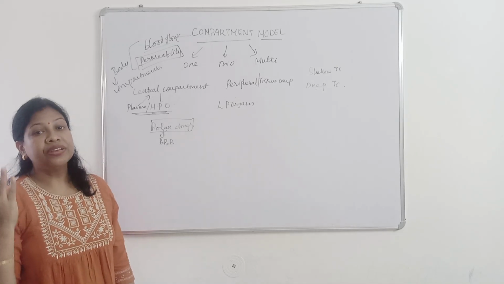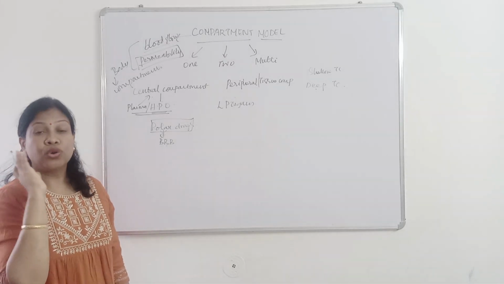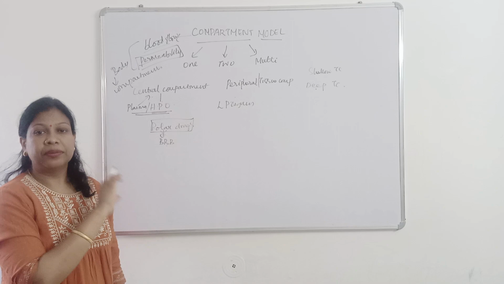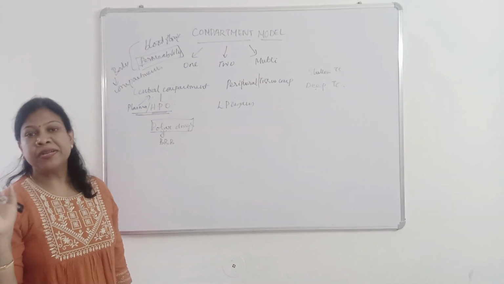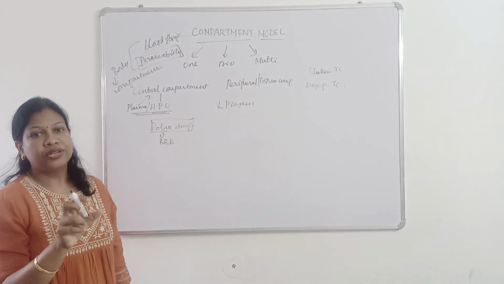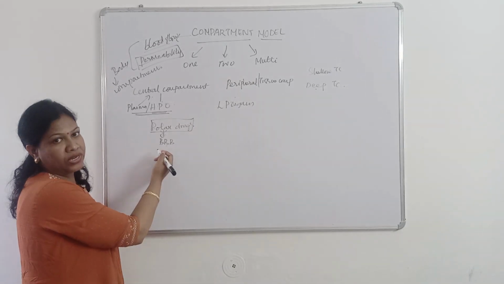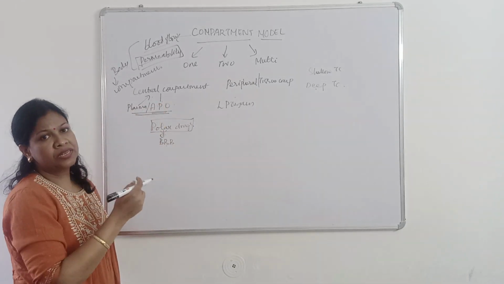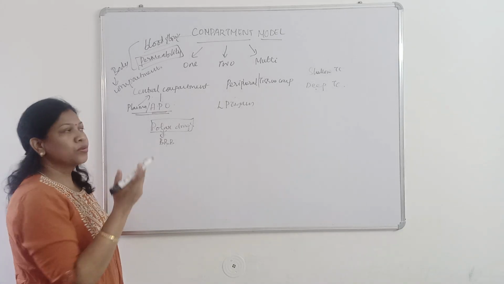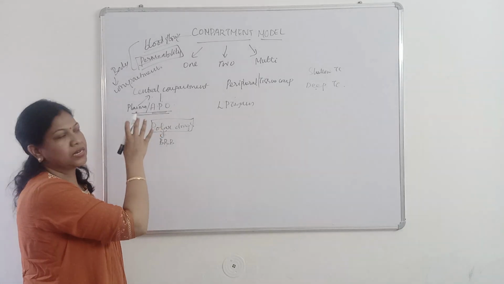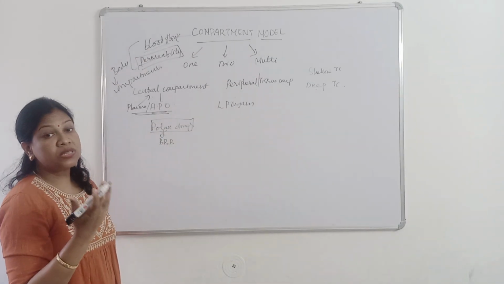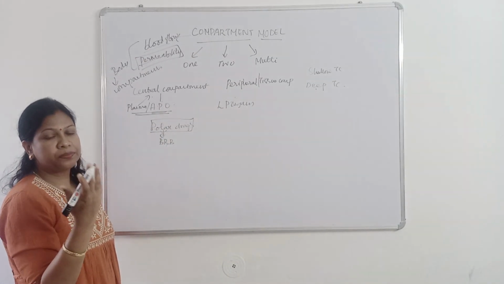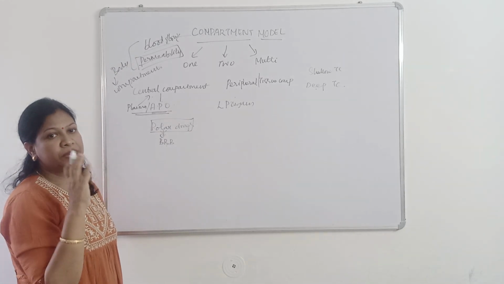So while you divide the compartments, you have to consider not only the blood flow, but also the permeability of the drug to that particular tissue. In the case of polar drugs, which are not permeable to the brain, the brain cannot be placed in the central compartment and is placed in the tissue compartment, because distribution of polar drugs to the brain will be less.